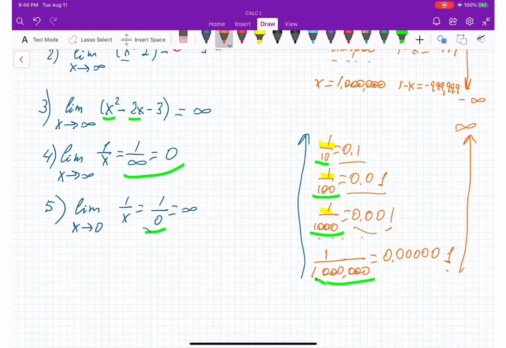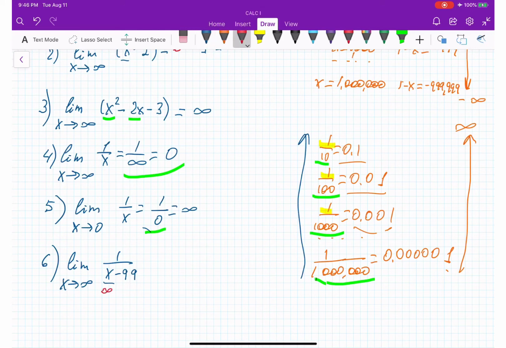Number 6, problem. Limit 1 over x minus 99 when x approaches infinity. So if we plug in infinity instead of x, does 99 matter?